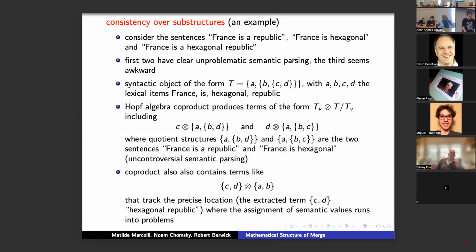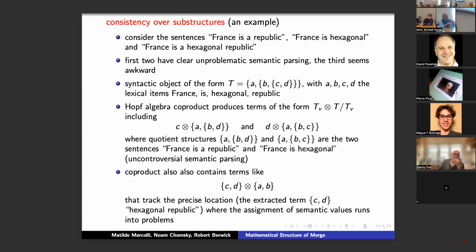Before I define what it is, let me give a very simple-minded example, to see what I mean by having to build something that checks over substructures. Let's look at these sentences. If I say France is a republic, there's no ambiguity, everything is okay with this semantic parsing.